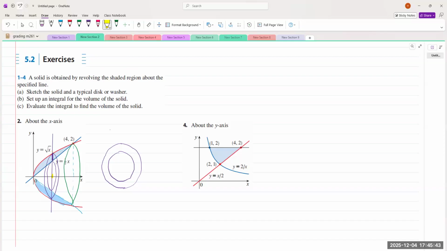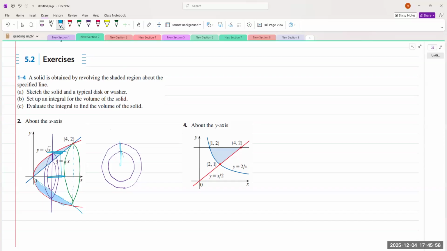I think it's easier for us to see if I mark it this way. This is the radius of the outer ring. From here to the axis of rotation, that's square root of x, right?